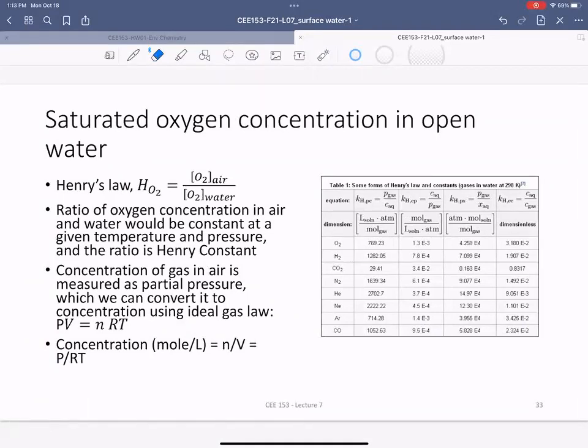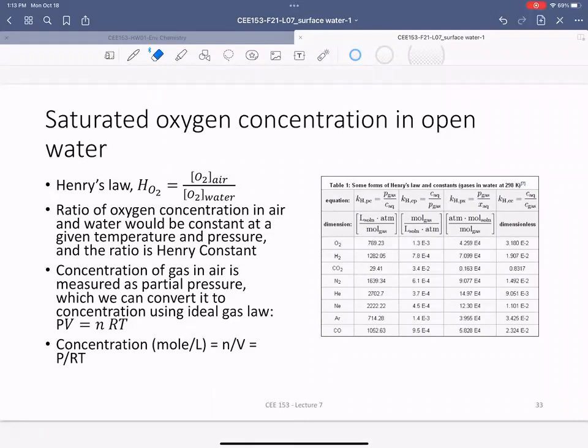So before you even do that, how do you know how much oxygen is in water if you don't have any chemicals? That depends on how much oxygen can dissolve from the atmosphere into water. And that's predicted by a constant. It's called Henry's law. Okay, Henry's law means it's a ratio of concentration in air versus water or vice versa, because the Henry's law constant can be any ratio.